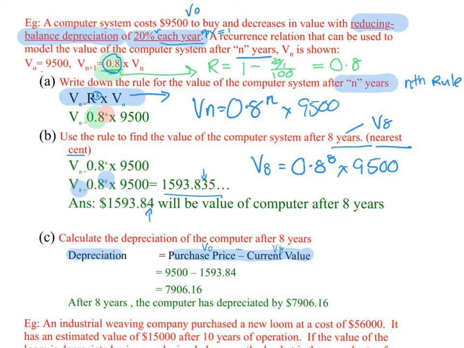V0 was 9,500, and we calculated the value of V8 to be that, and then I simply subtracted it. So after 8 years, the computer has depreciated by this amount. So that's the amount it's dropped down by, yeah? You might want to write that down just in case so you know the wording.